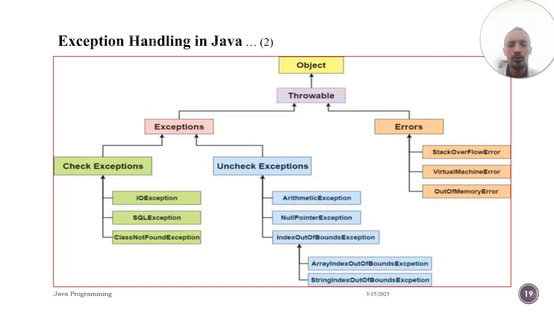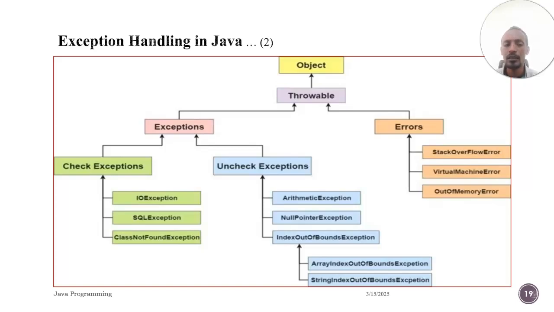When you come to the exception part, exceptions are the abnormal conditions. This exception can be classified into two: checked exception and unchecked exception. For the checked exceptions, we check certain kinds of conditions. Input-output exceptions, SQL exception, and ClassNotFoundException are the categories of checked exceptions.